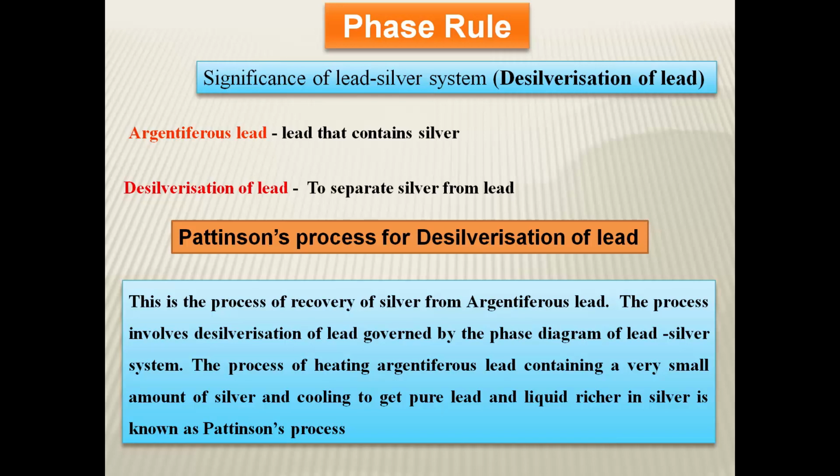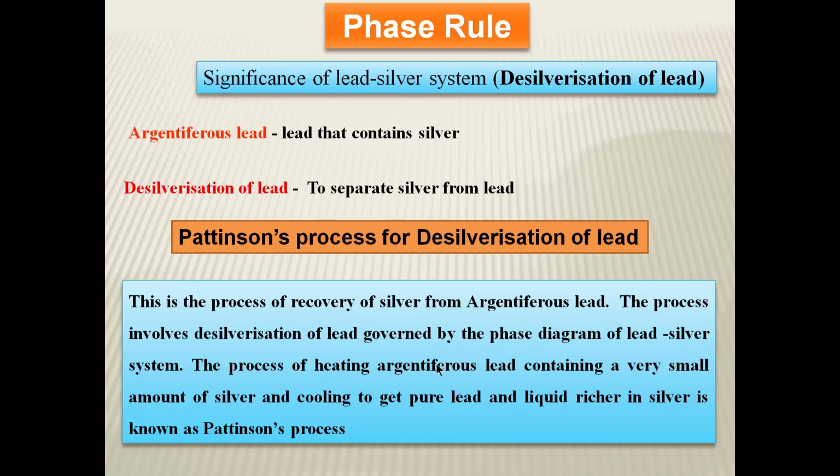The basis of the process is the phase diagram of the lead silver system. In this process the impure sample of lead, that is argentiferous lead, which has a very small amount of silver, is heated and then cooled to get the pure lead, and the remaining liquid gets richer in silver. So the process is known as Pattinson's process.